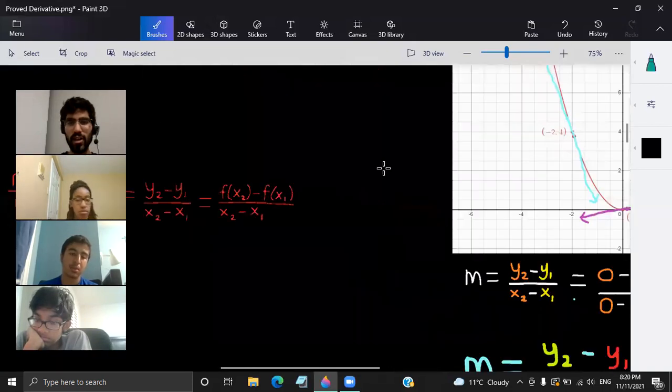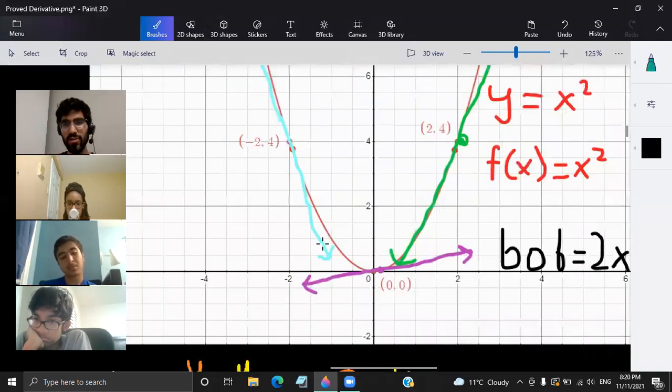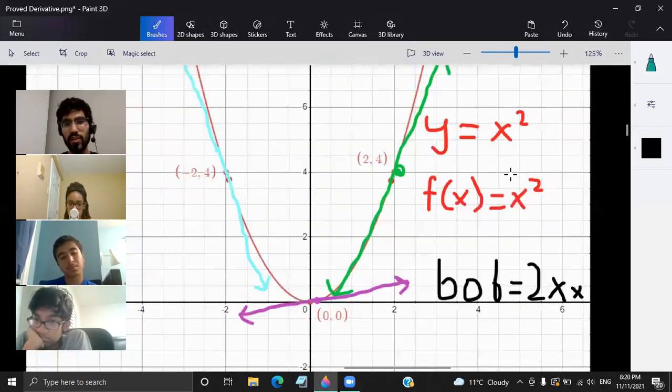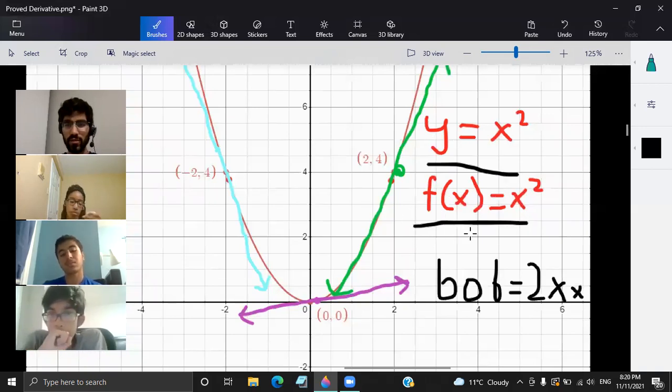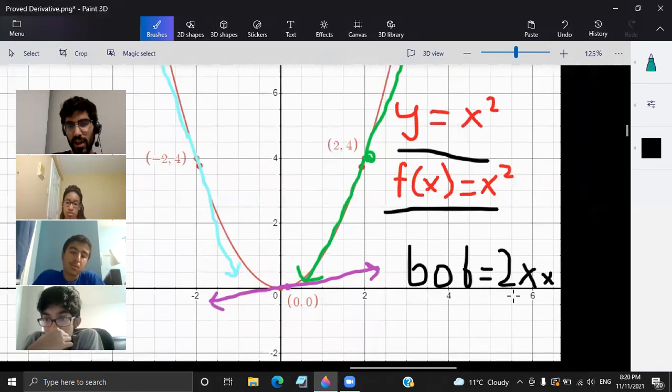They don't like to calculate, okay, this point, get another point close to it. They like to say, if I have some function y or some function f of x, then I can calculate another function, which I'm going to call Bob for now, that gives me the derivative, the rate of change at any point x.